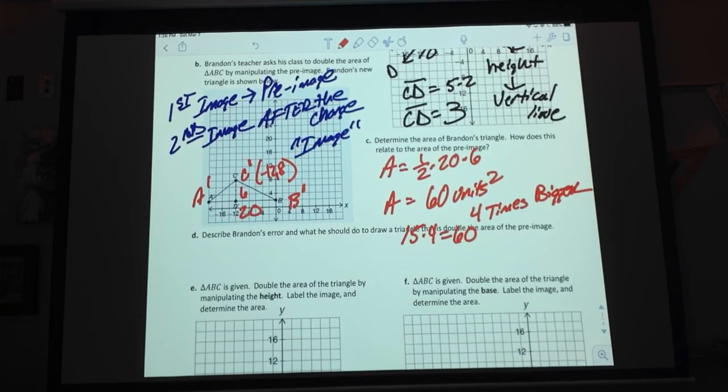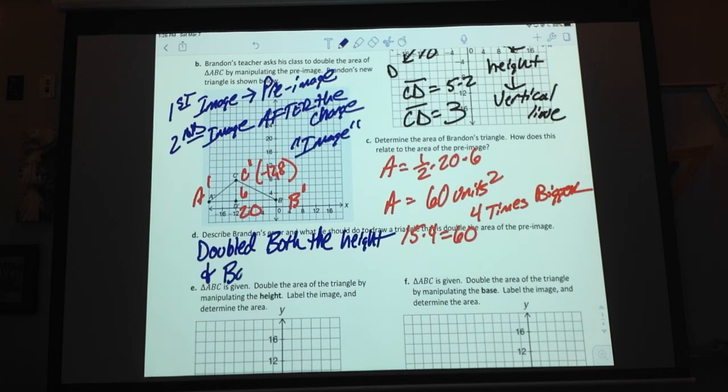Now, describe Brandon's error, and what should he do to draw a triangle that is double the area of the preimage? Well, his mistake is that he quadrupled it. He doubled both the height and base.